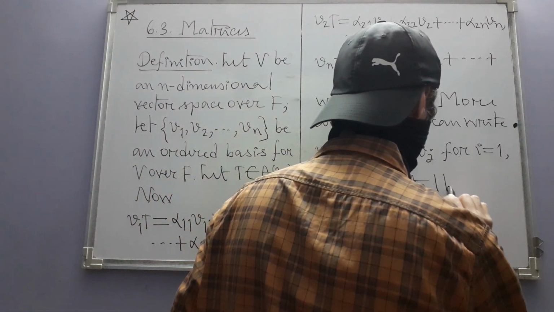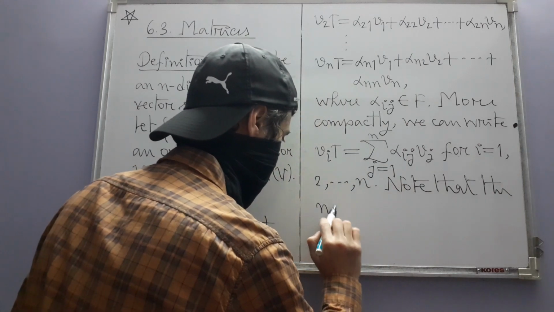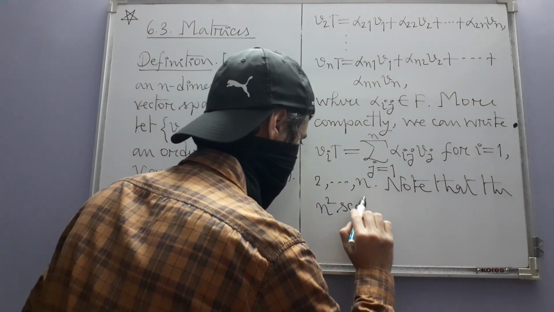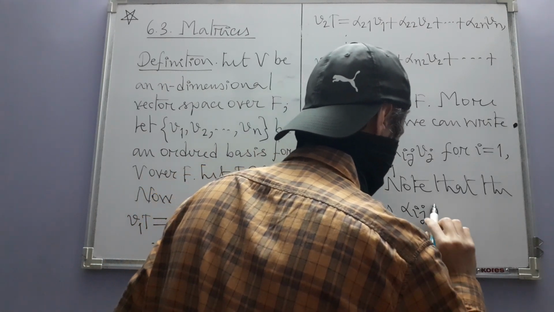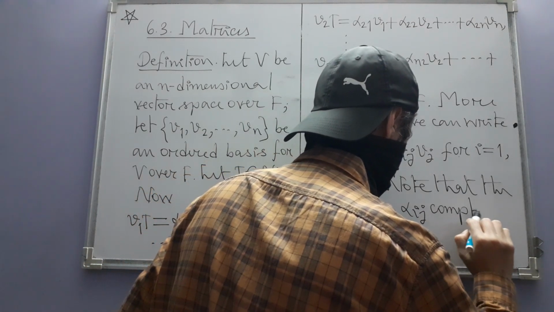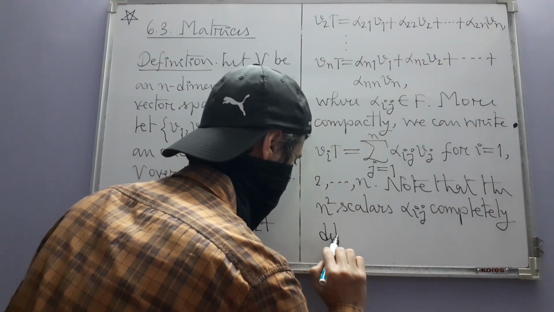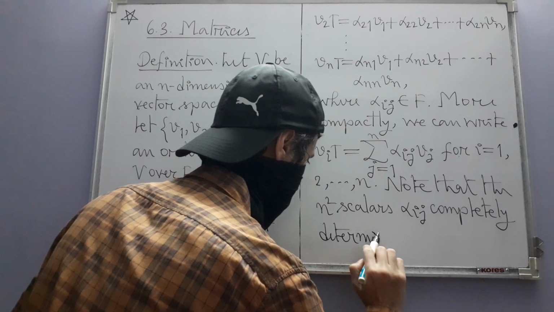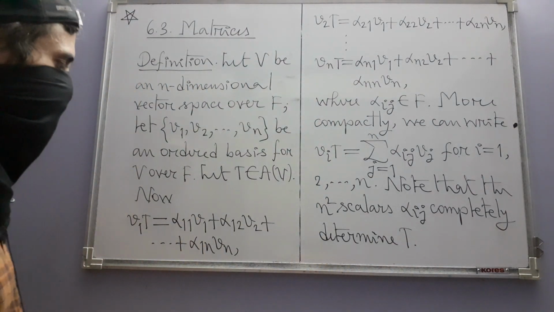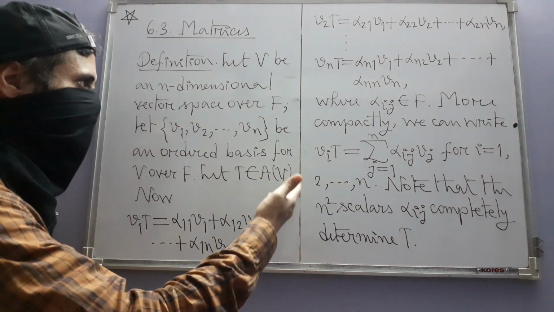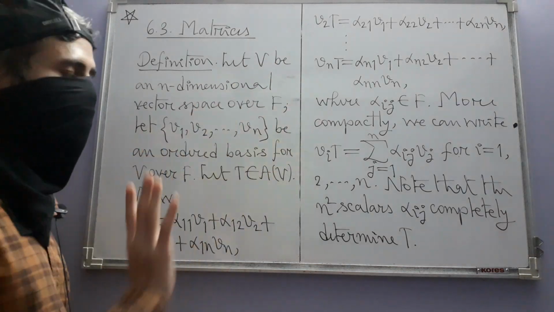Note that the n square scalars alpha ij completely determine t. Why? That's because these scalars tell us exactly what t does to every basis element.